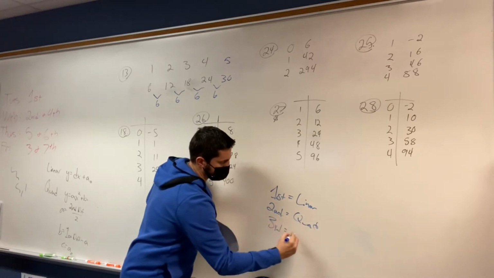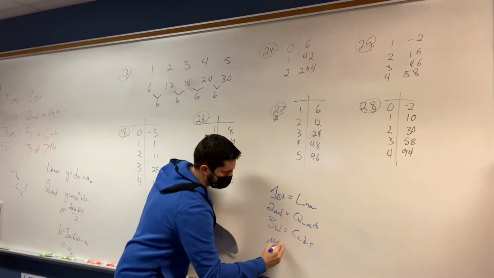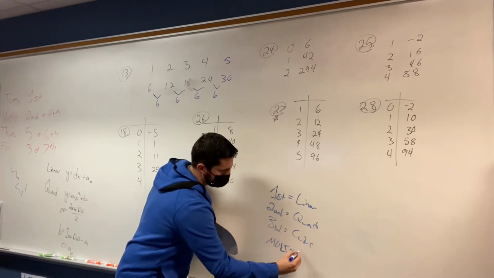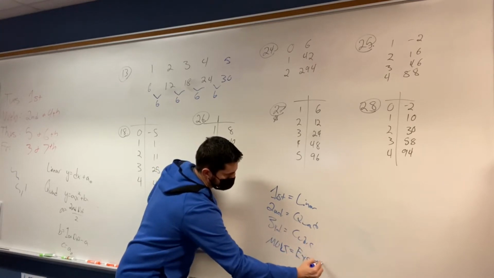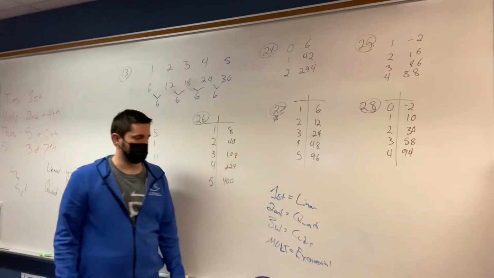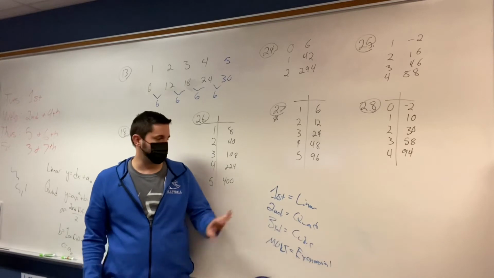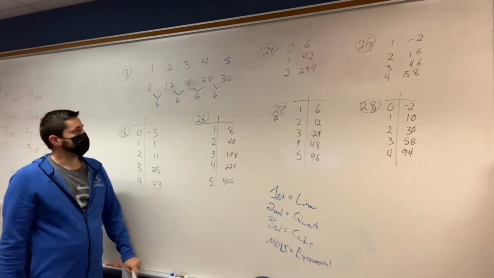Third layer difference is cubic. Multiplying is exponential. Okay, that is how you figure this out. That's going to be huge for all the rest of these things, the single biggest thing probably.